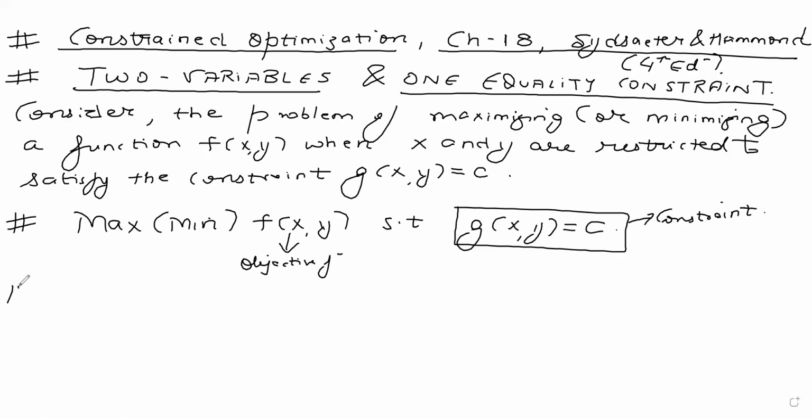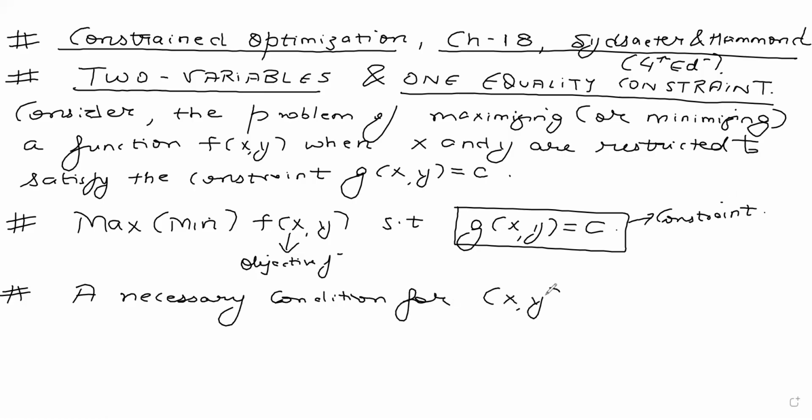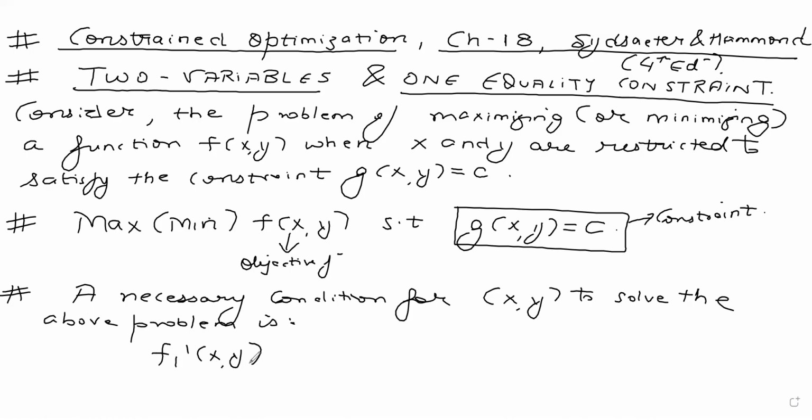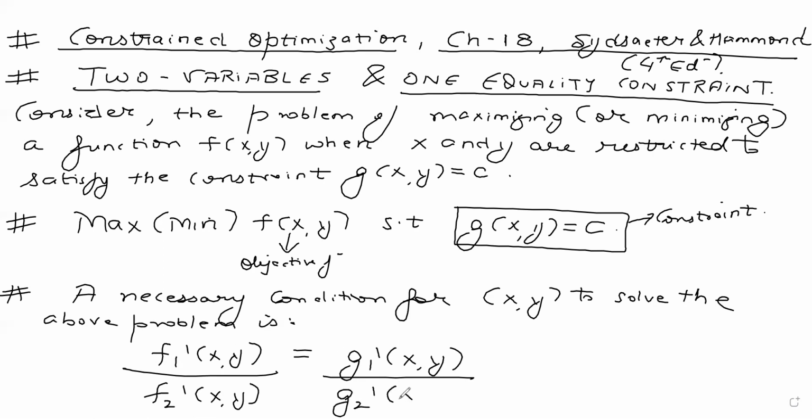Okay, so we can now write a necessary condition for the pair x, y to solve the above problem. f1 dash x, y, which is the partial derivative of the function f with respect to x, upon f2 dash x, y, the partial derivative of f with respect to y, should be equal to g1 dash x, y, the partial derivative of g with respect to x, divided by g2 dash x, y, the partial derivative of g with respect to y.